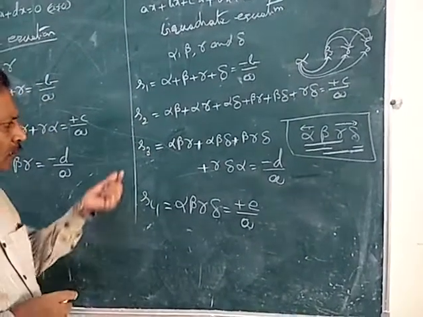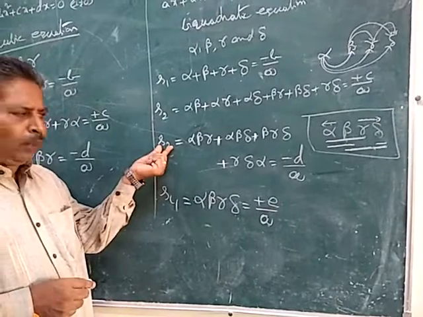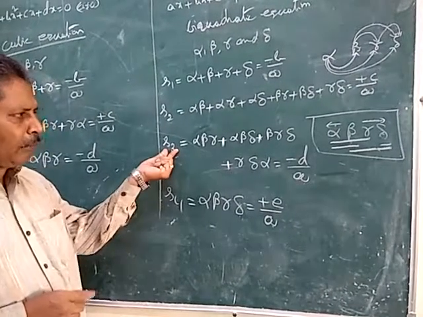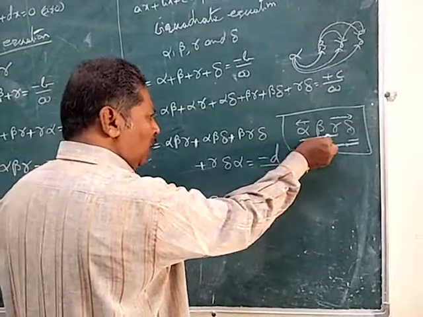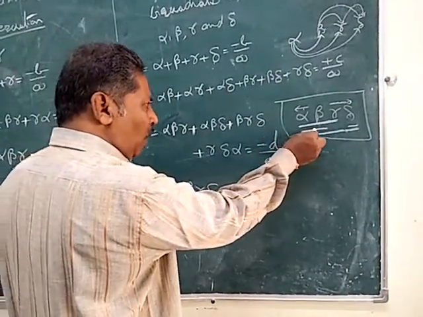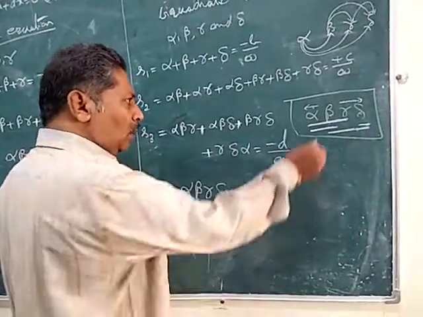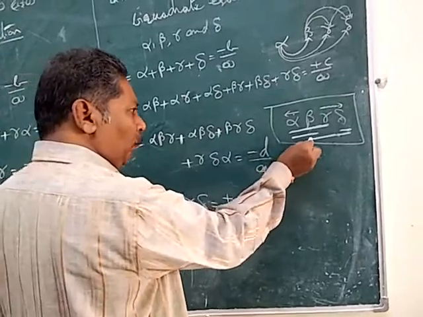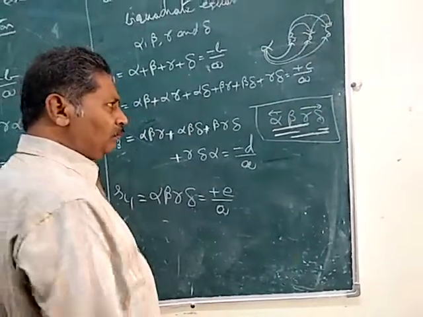S3, the sum of the product of the three roots taken at a time. First set alpha, beta, gamma. Second set alpha, beta, delta. Start with beta: beta, gamma, delta.